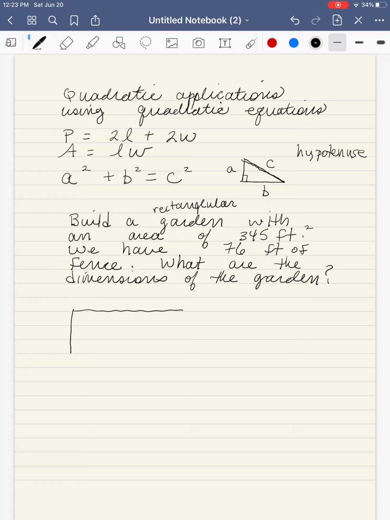We're going to see that it's helpful to draw a picture. So let's say we have our rectangle. When I say what are the dimensions of the garden, that means find length and width, which is what we normally call the sides of a rectangle.